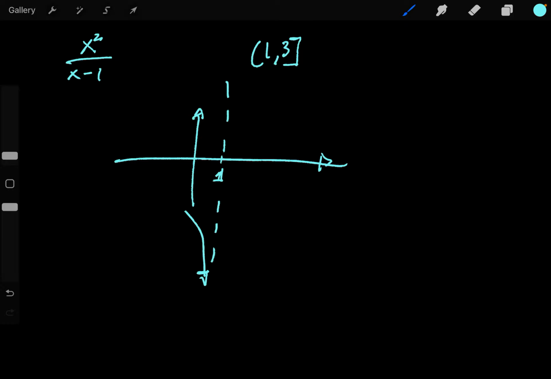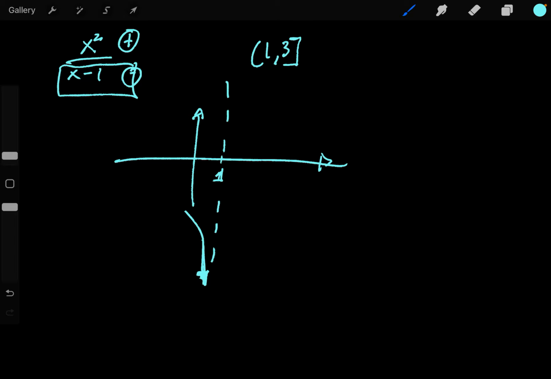Near 1 is like 0.99, so that makes the bottom part negative, but the top part is still positive, and the bottom part is very close to 0. So it spikes down towards negative infinity, because it's negative and very large.